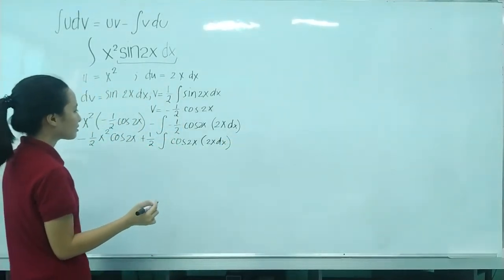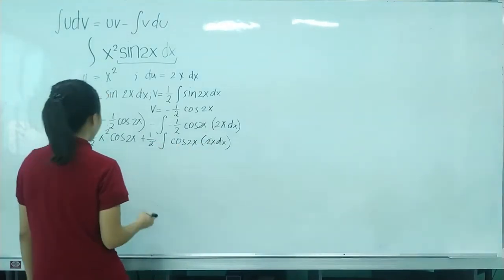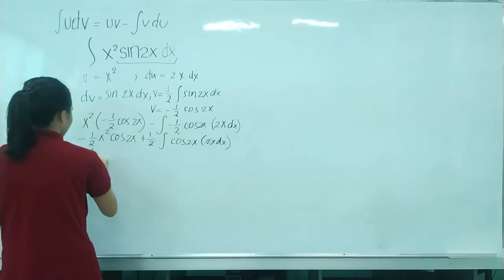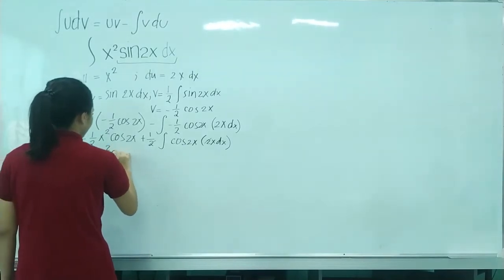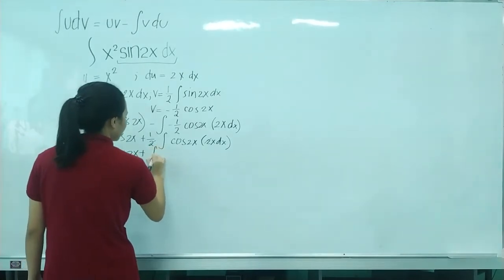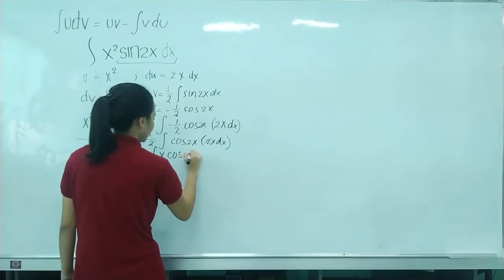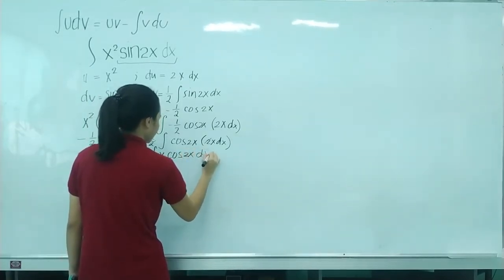So here we can cancel common terms, and we will have the integral of x cosine 2x dx.